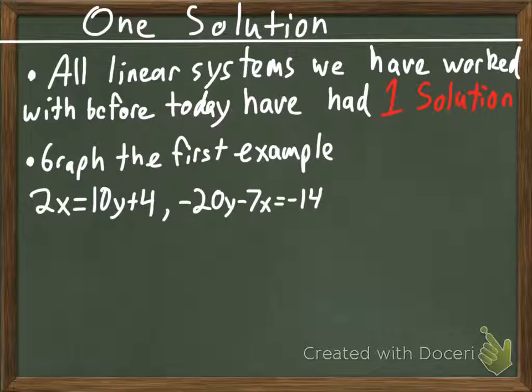All the linear systems we have worked with before today, meaning the two special cases we're going to learn, have had one solution. So again, I want you to graph that first example on the graph. I want you to look at the graph, see what happens, and compare that to our no solution. So go ahead, pause the video, and graph that now.